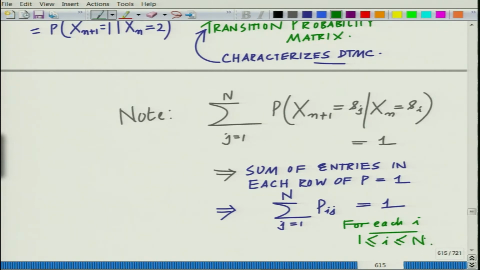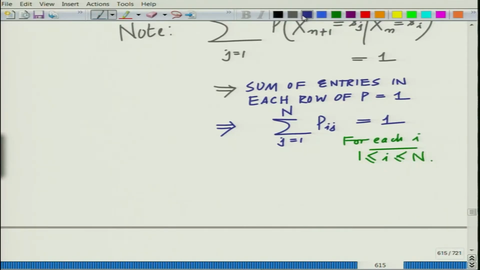If I take any particular i and take the sum of Pij over all j, that must be equal to 1. That is the sum of all the transition probabilities starting from state i. Further, it goes without saying that since each of these is a probability, Pij has to be greater than or equal to 0. It can be 0, but it cannot be negative.